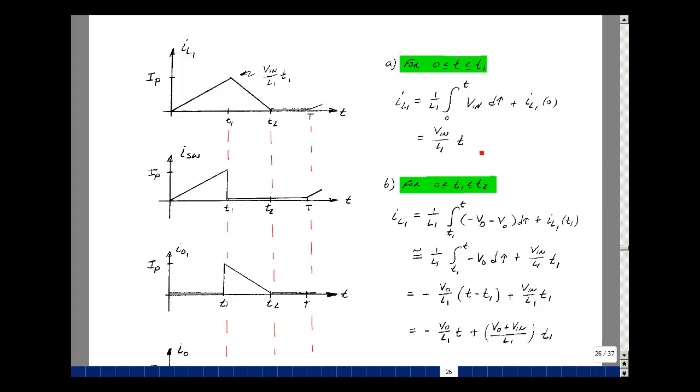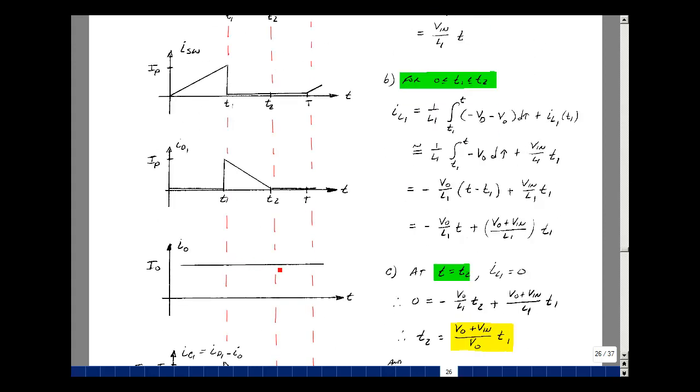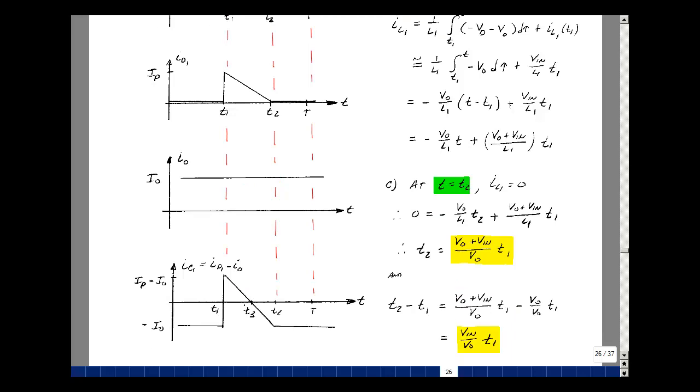Okay, now what happens? The switch opens and the coil begins to give up its energy. Now when the switch opens, there's no current in it. The current is being pulled through the diode, which is the same current as the inductor. Our output we're assuming is a constant voltage in steady state, so a constant current. And now we're simply going to subtract the diode current from the output current.